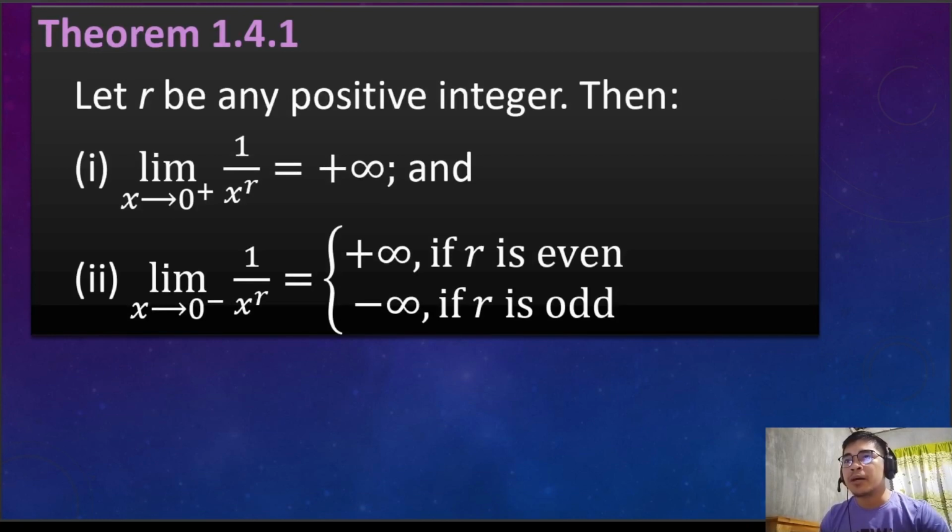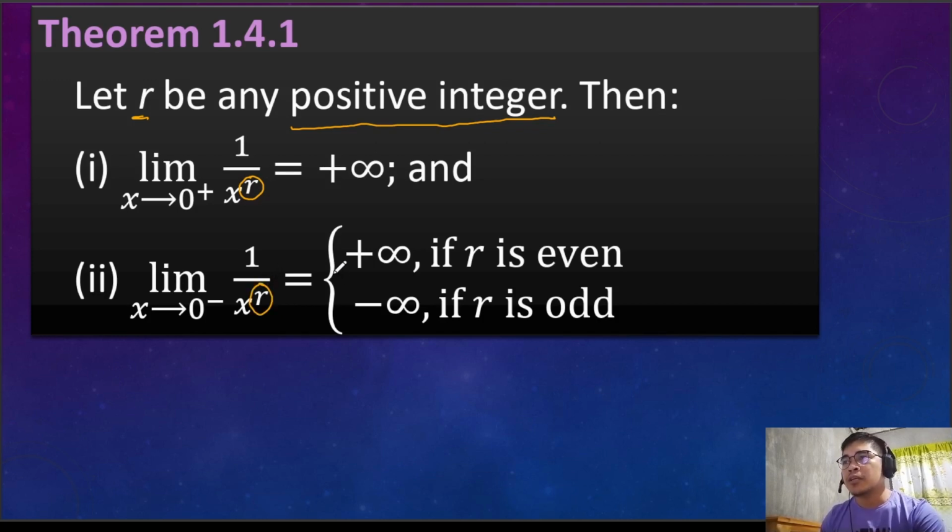Now let's talk about the theorem. Theorem 1.4.1. Take note. Let r be any positive integer. So ito yung namduman ha. Ang atong r is any positive integer. So it must not be negative. Yung r kani, the exponent. It must be any positive integer.